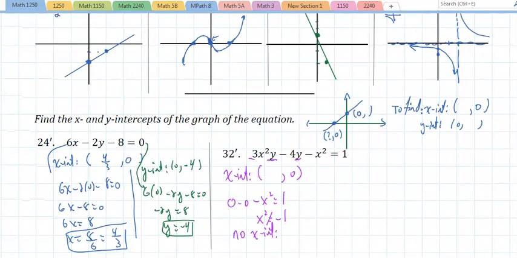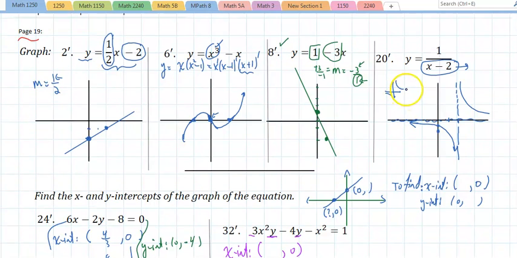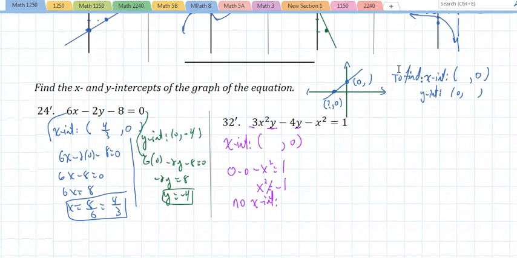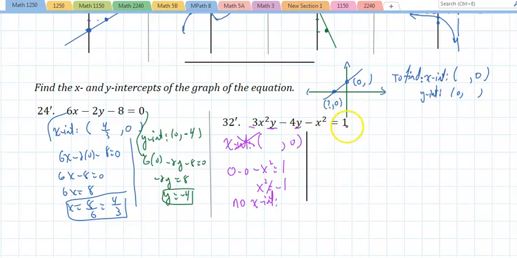I could show you a quick example. Right there. That graph will never cross the x-axis. The graph of y equal 1 over x will never cross the x-axis. There are a few of those. So this doesn't exist. This graph does not cross the x-axis. Of course, we're not asking you to graph this. If I want to find the y-intercept, I would set x equal to 0.